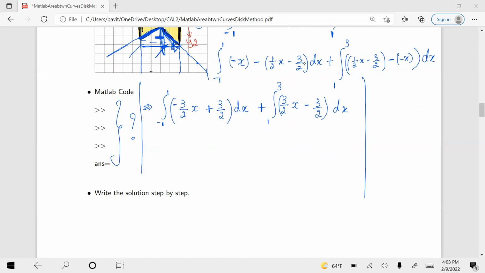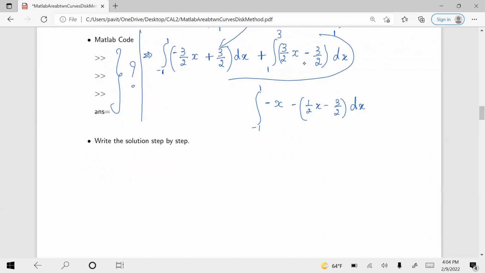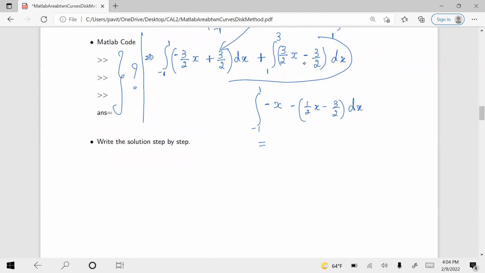Okay. So how did this become this? Let me show it here. Negative x, negative half x minus 3 over 2, this is what we have. Integration from negative 1 to 1 dx. Now keep this as it is.